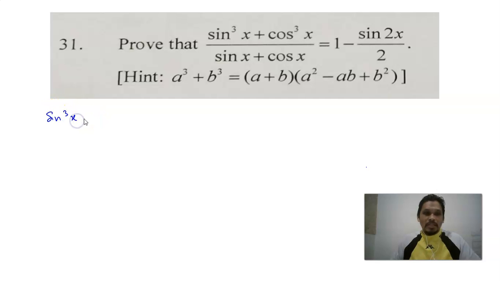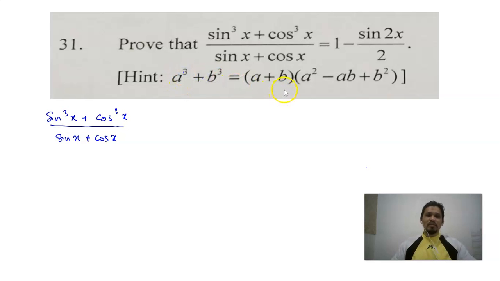Sine cube x plus cos cube x divided by sine x plus cos x. Okay, we are going to prove that this expression will be equal to the one on the other side. It gives a hint here, because a cube plus b cube is an expression that we seldom meet. Most of the time we meet a squared plus b squared. But for this one, it gives you a hint. So let's use this.